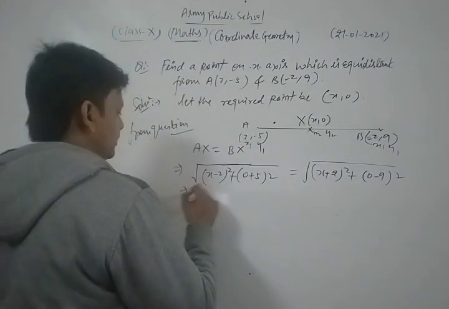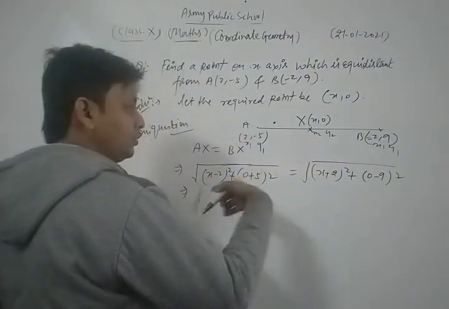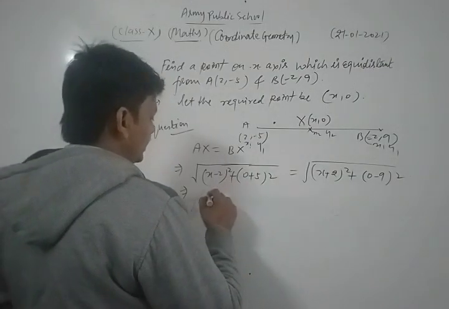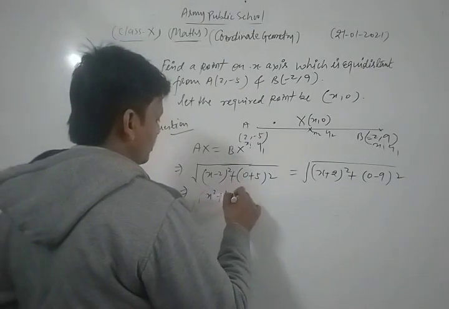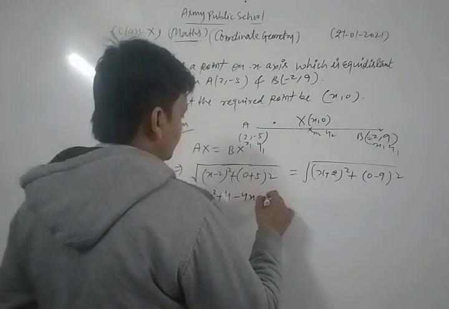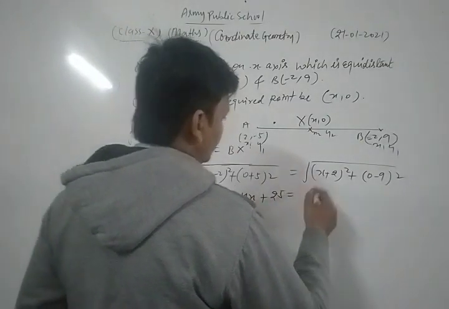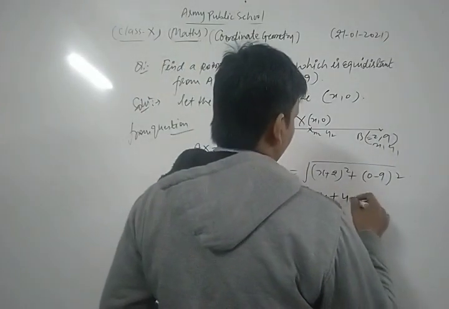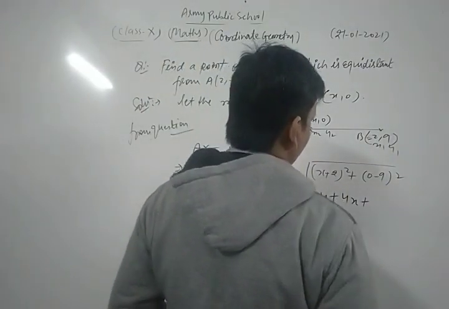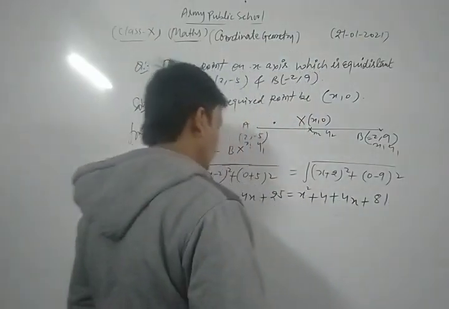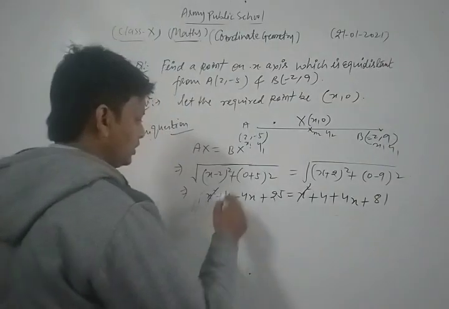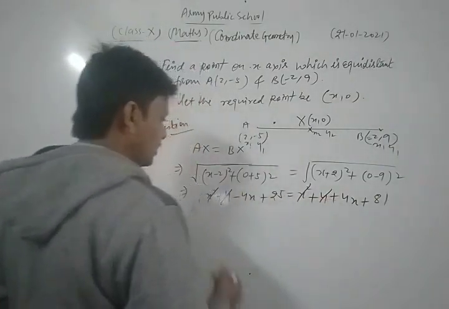So we get x square minus 4x plus 4 plus 25 is equal to x square plus 4x plus 4 plus 81. Now let's see here, x square cancels on both sides, and 4 cancels as well.